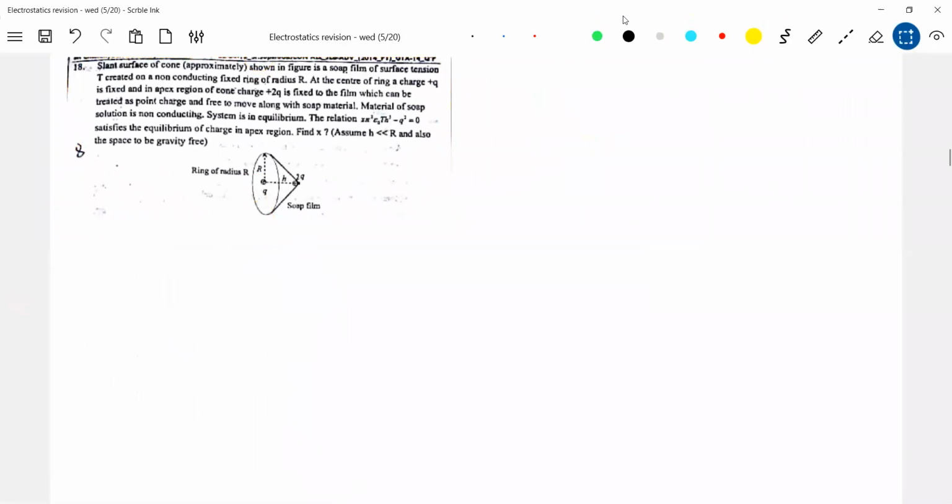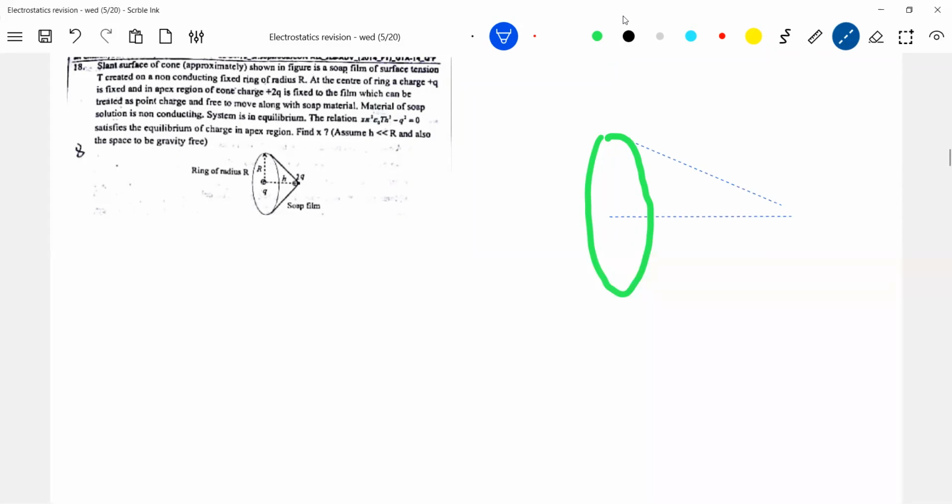Read the question. Here a charge 2q and here a charge q is placed.